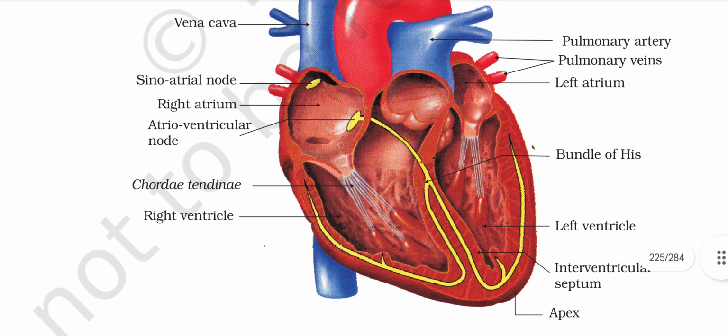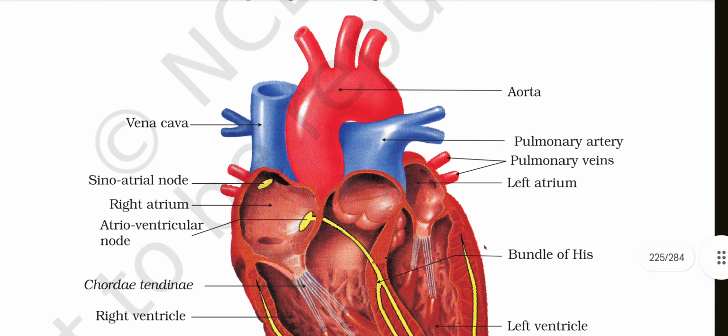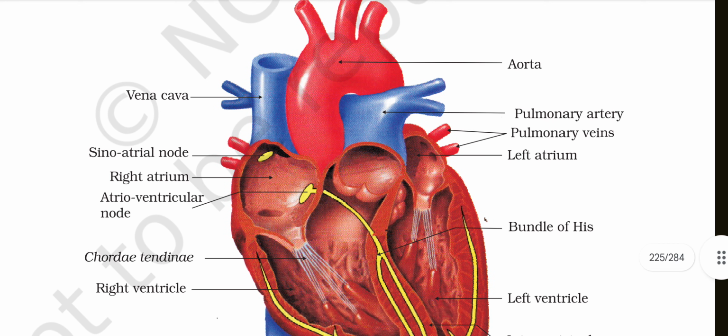Chordae tendineae, and the tricuspid valve, present between the right atrium and right ventricle. And here we can see the aorta, which takes the blood from the left ventricle. The pulmonary artery carries the deoxygenated blood to the lungs.